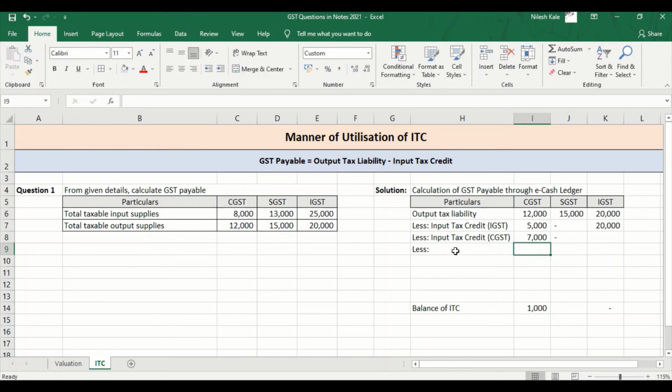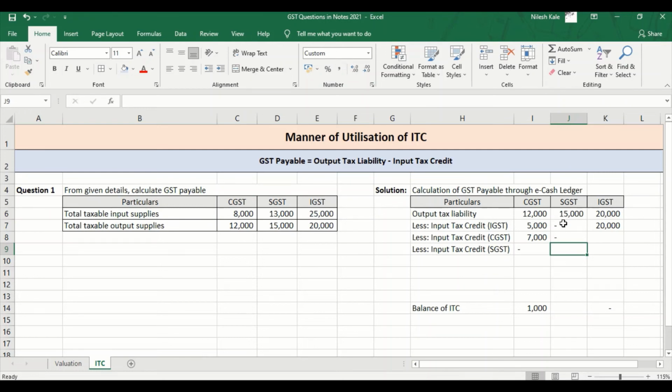Right? Input tax credit of SGST. Sorry. You cannot do anything with CGST. I will put a dash over here.